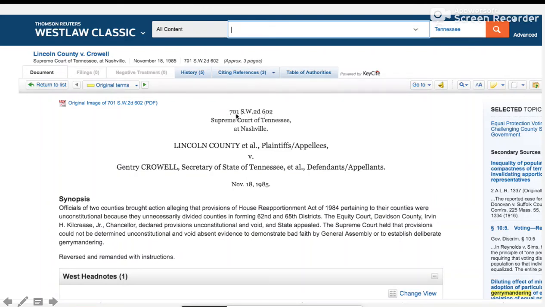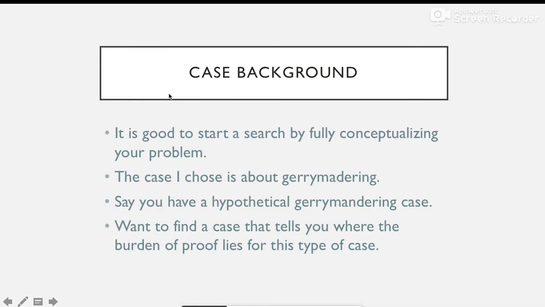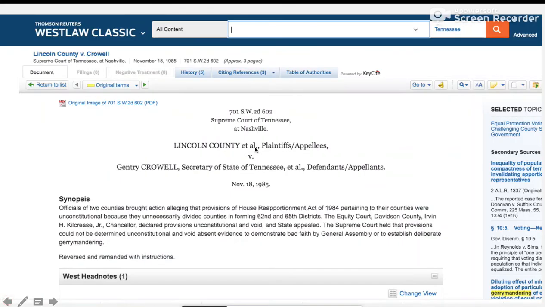So obviously, volume 701 of the Southwestern Reporter, second edition, and page 602. So that's all there. We see here that it went to the Tennessee Supreme Court. And then here's where we find the year in which it was decided. So there are all of your elements.